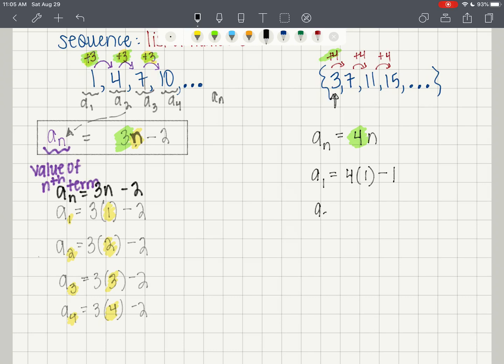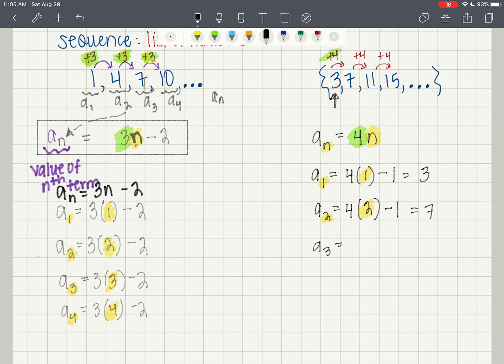Okay, let's try the second term and see if this works. 4 times 2, because again, we're putting in a 2 for n. And then the rule is subtract 1. So multiply 4 times n and then subtract 1. And that is 7. So far this is working.